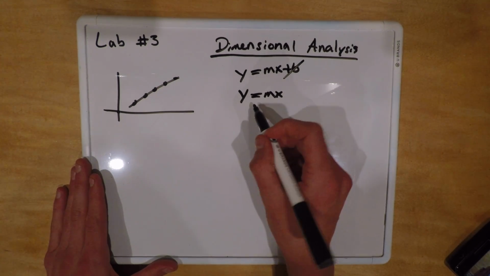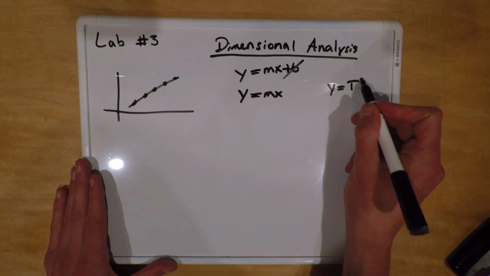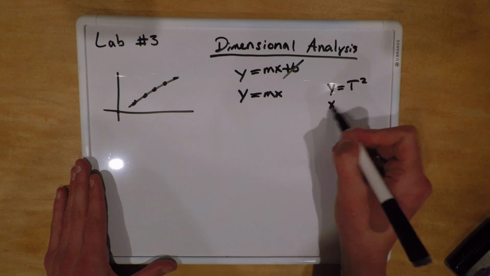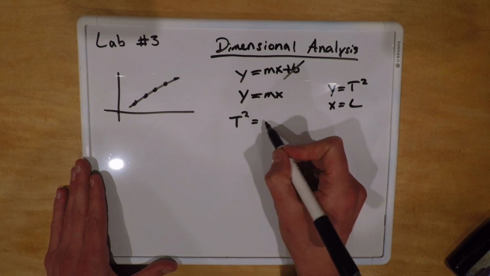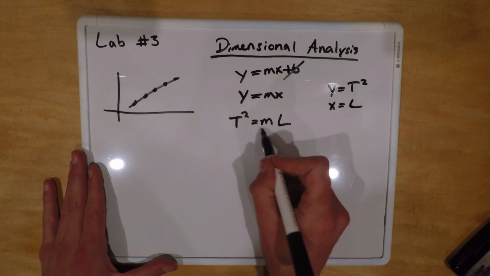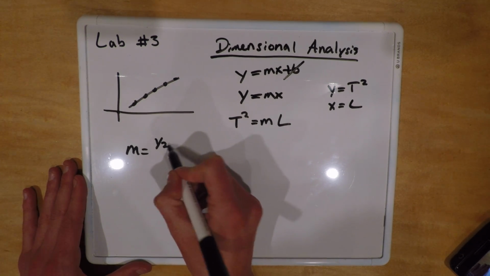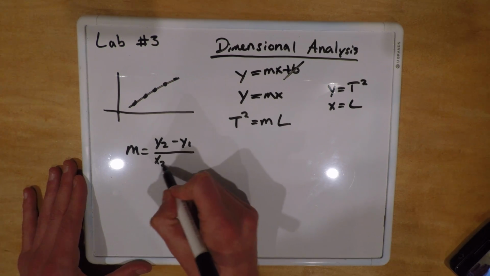With that, we're going to plug in our units: y is going to be our time, t squared, and x is going to be our length. So t² = m·l, and now we're going to find the slope. We know that slope equals the difference in the y's, the endpoints, divided by the difference in the x.